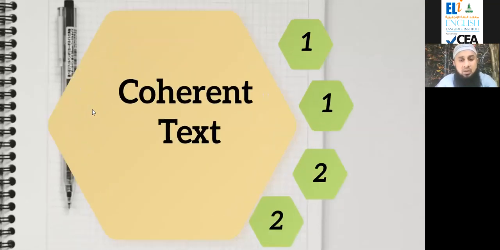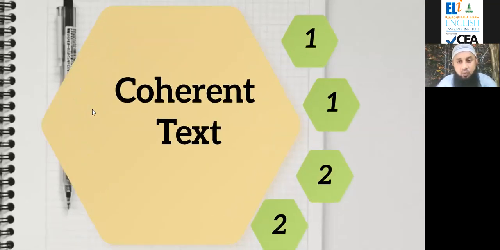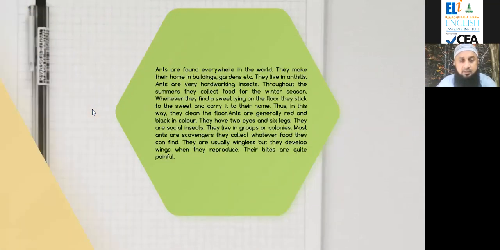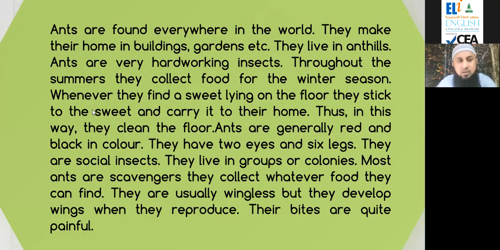After B comes coherent text. That's what we call C. Have a look at this. Again, you have a minute to read it, and then I'll ask you whether it's coherent or not. You have one minute to read.